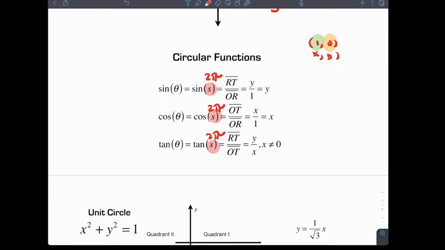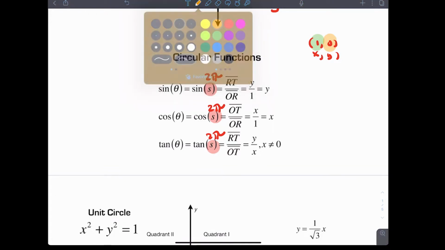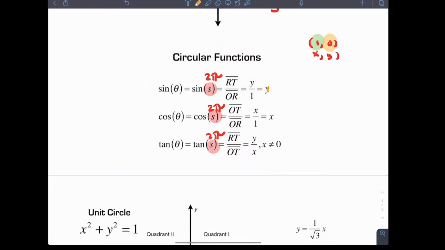So it's the same answers. I guess this is orange, right? Orange, orange, green, green. Isn't that 0? Because it's the y coordinate value. What is the x? 1.